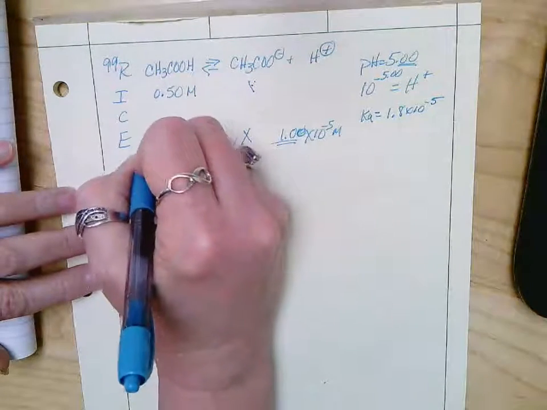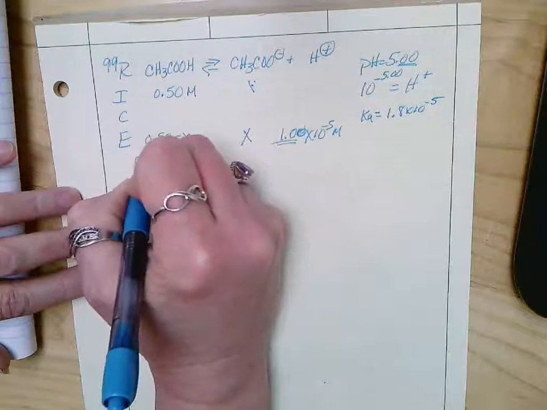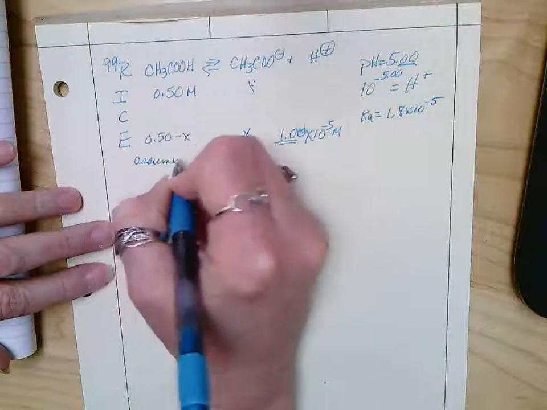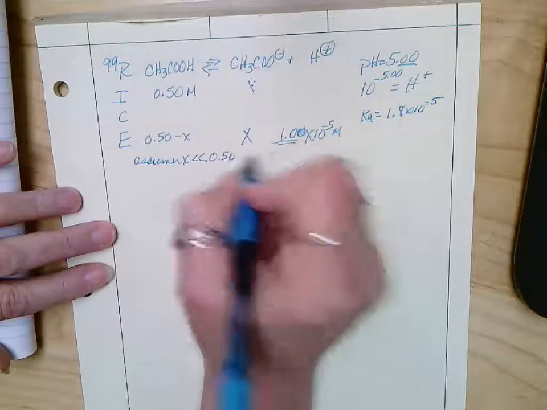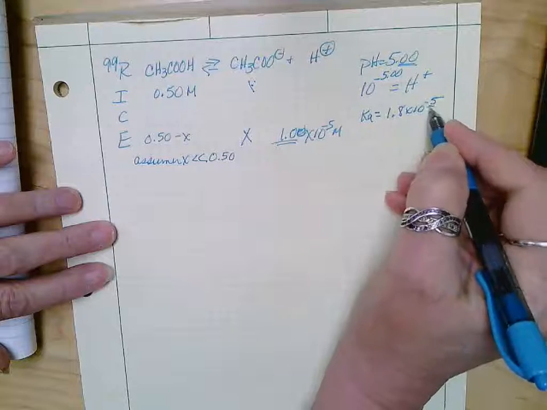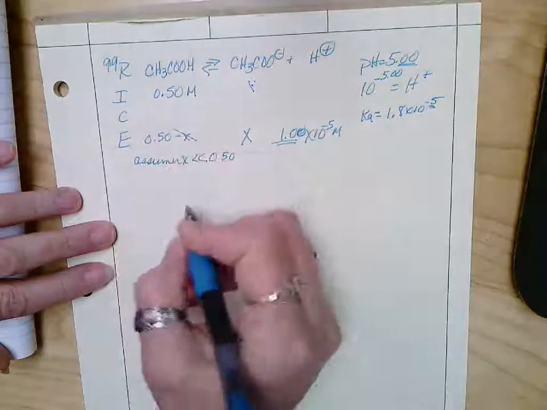So this is going to be 0.50 minus x, but we're going to assume that x is much, much smaller than 0.50 because this exponent is so small. That's a good assumption, so I can ignore x.